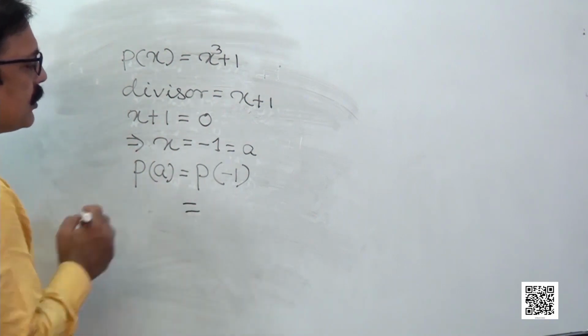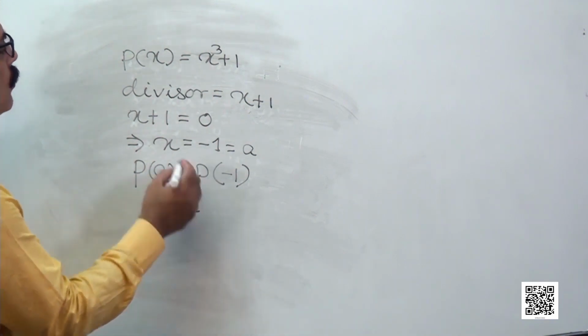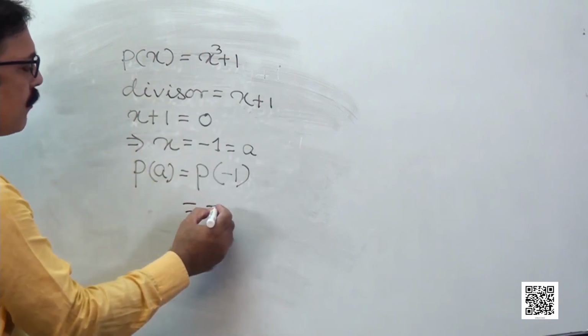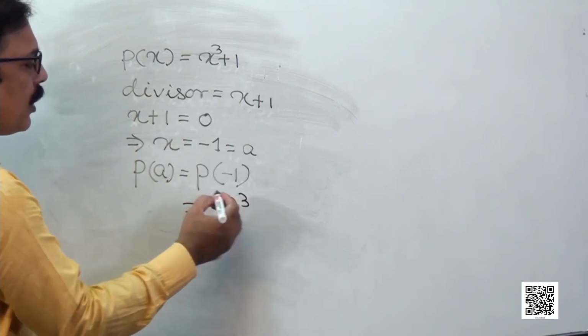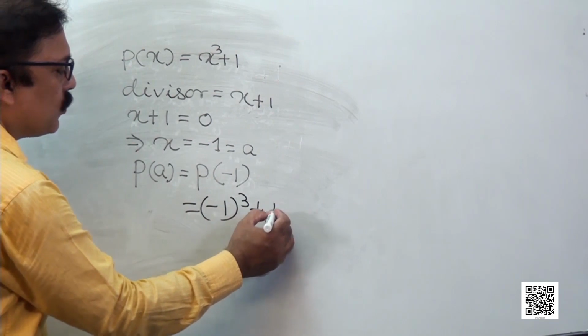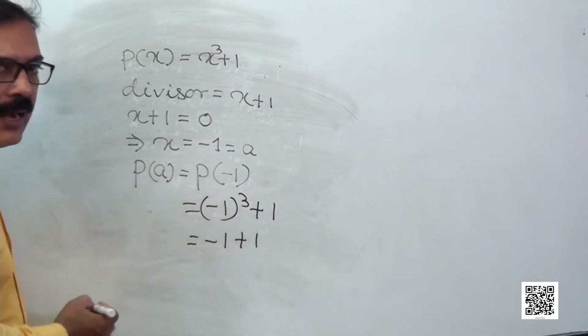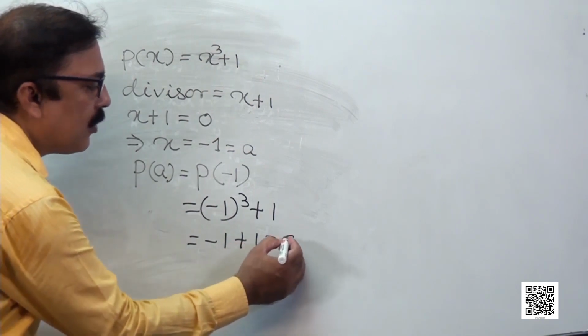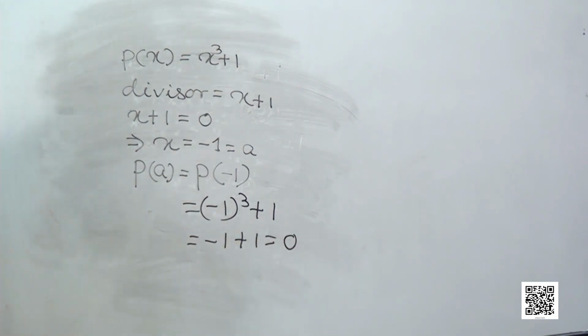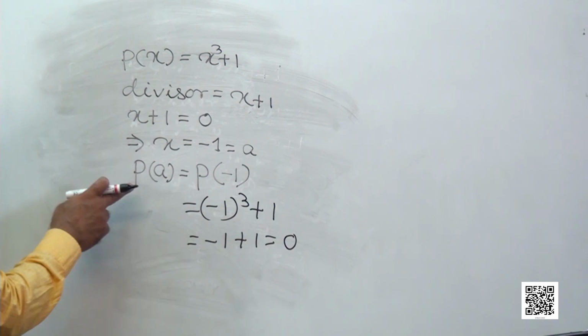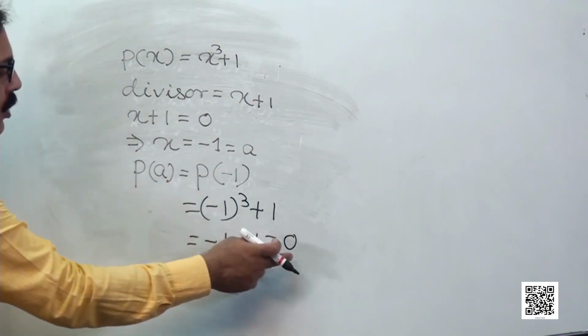So what gives P(-1)? That is minus 1 to the power 3 plus 1. This gives minus 1 plus 1, which is equal to 0. Now see, we get P(a) equal to 0.